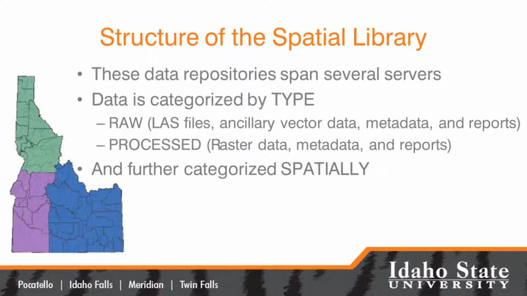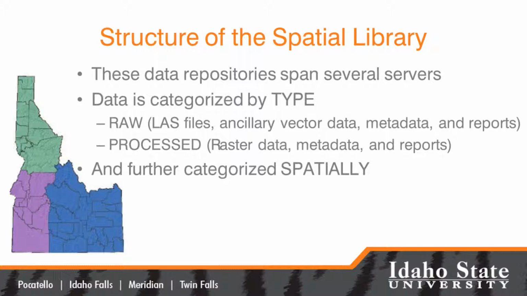And what we've done to try to make this data a little bit easier to find is, as I mentioned earlier, these data sit on a number of different servers. And the data by default is categorized by its type.